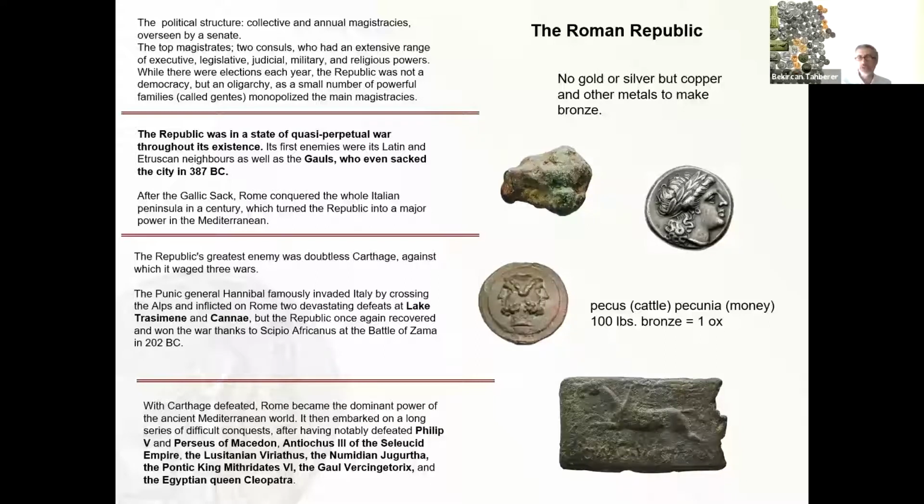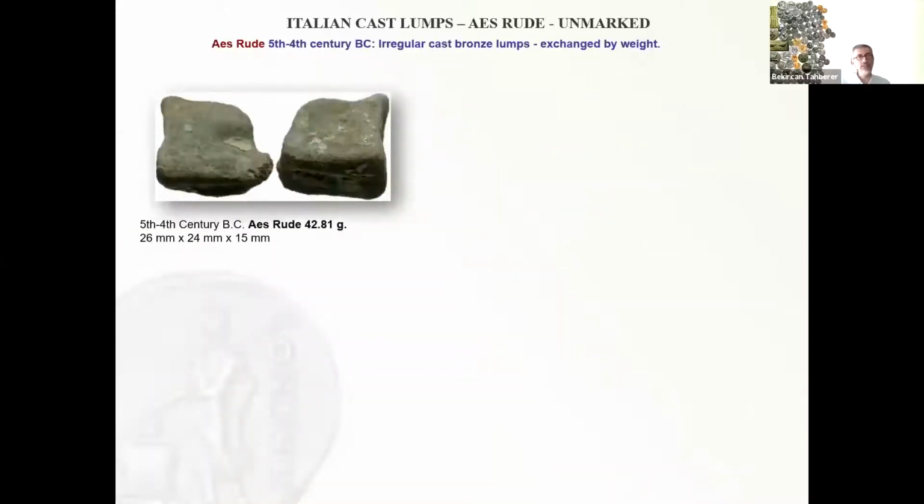However, the two words being so close to one another, people made that assumption. But what ancient writers say is that 100 pounds of bronze could buy 1 ox, 1 cattle. So that is an established information about the currency.